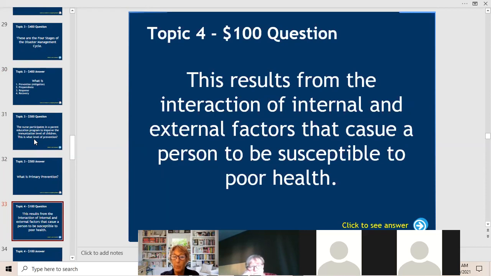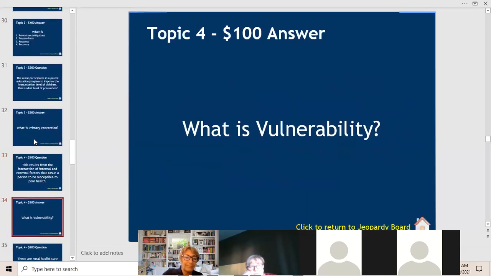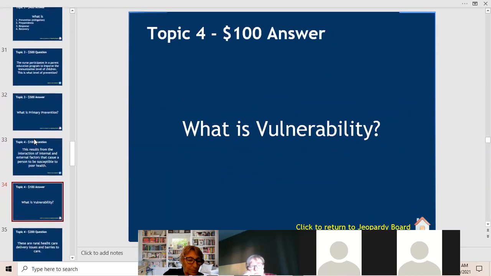Susceptible is part of it, but what happens if you're homeless, or you are teen pregnant, or you have significant mental illness? What are you considered? Vulnerable. Vulnerable risk population. Vulnerability. Make sense?